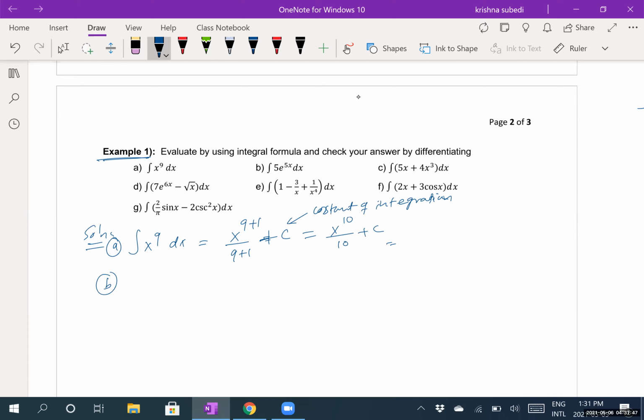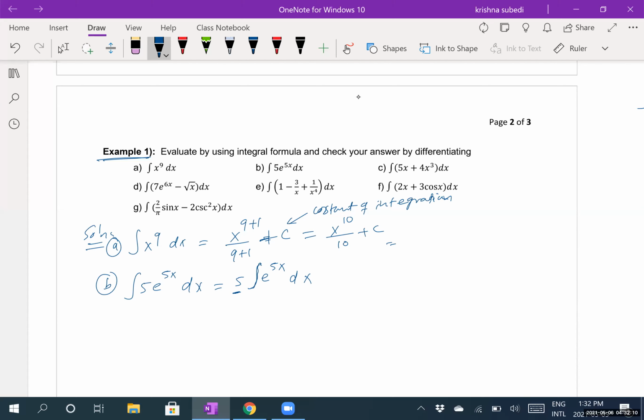Part B. Again, using the constant multiple rule, you can write this as 5 e to the 5x dx. When there is a constant, to make your life easy, you can take it outside of the integral sign.